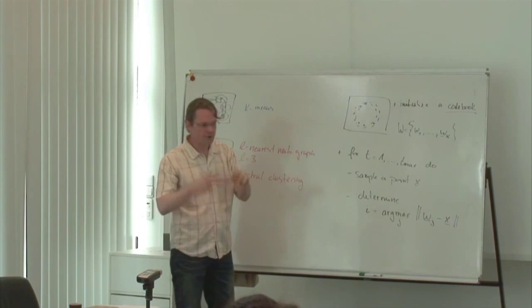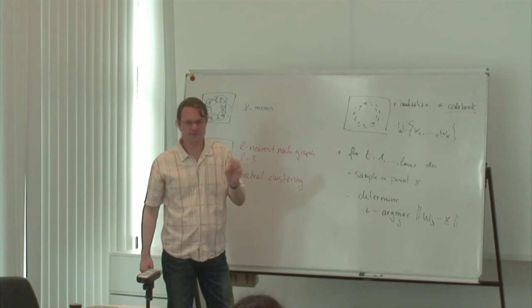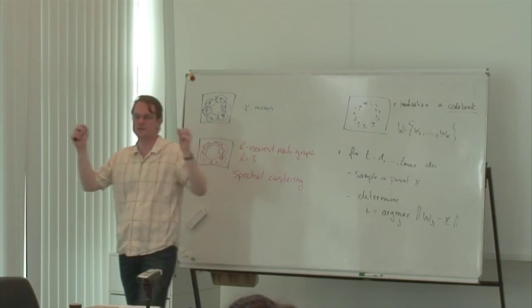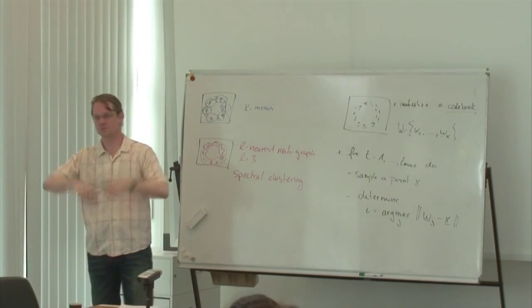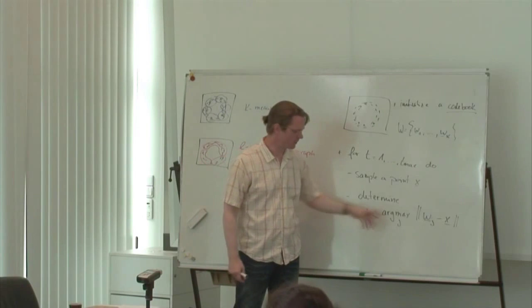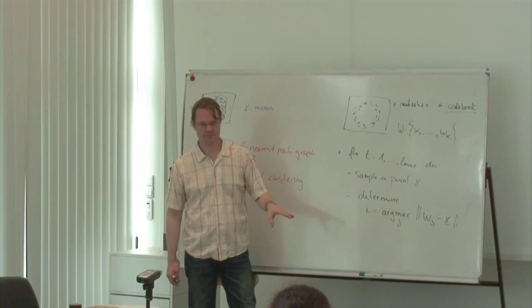And for one of these, hopefully the distance will be the smallest. It can happen that there are two at the exact same distance. We don't care, we break ties, throw a coin, whatever. But in general, one of them will be the closest.